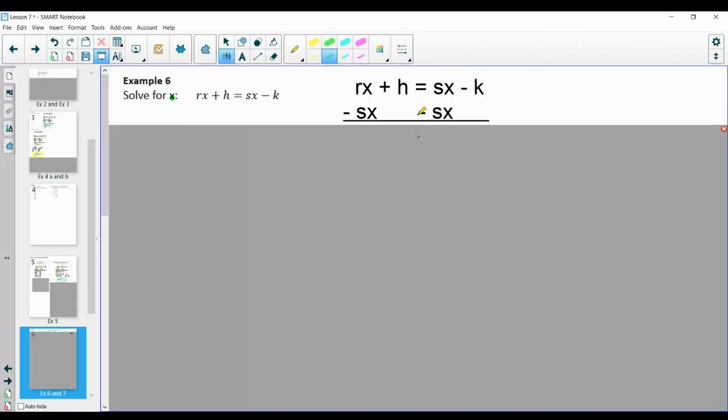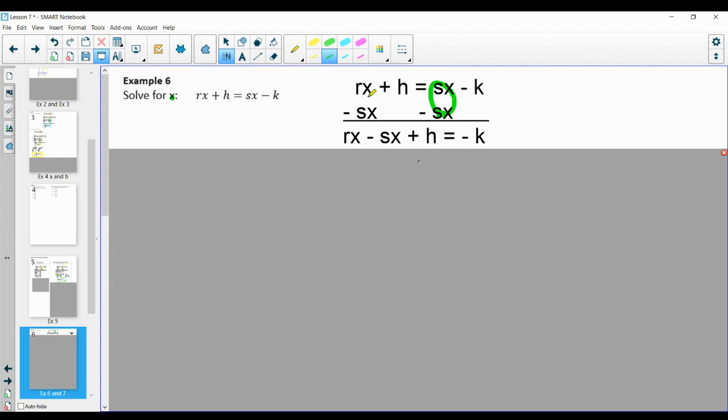I hope you agree, I am going to subtract, because by subtracting, I have a 0 pair there. I'm left with a minus k here. And on my left side, I have Rx minus Sx plus H equals negative k. Okay, so I have my x terms here, but I need to move this plus H because it's not an x term.